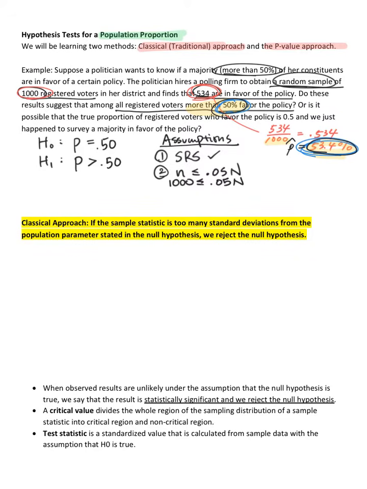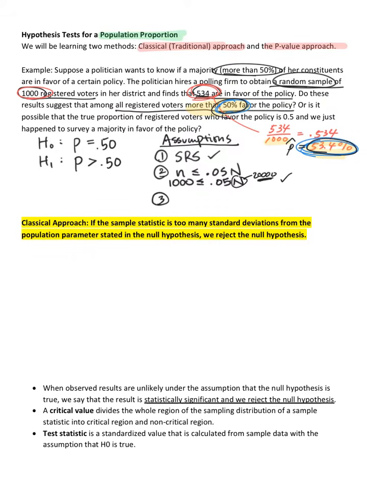I'm assuming so. In order for this inequality to be true, the size of the population needs to be more than or equal to 20,000. Why? Because 5% of 20,000 is 1,000. So if the population is more than 20,000 people, then this inequality is true. I am guessing that she has more than 20,000 registered voters in her district, so I'm just going to say yes to that.